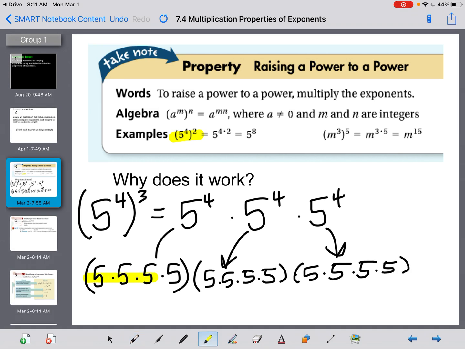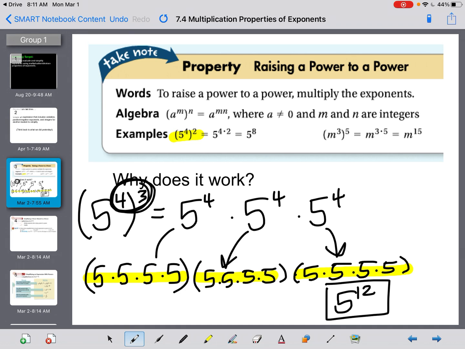If I look at all these, I have 4, 8, 12. So 5 to the fourth to the third power means I actually have twelve 5s, so 5 to the 12th, which is the same as multiplying 4 times 3.